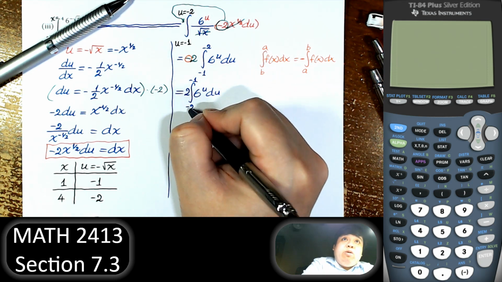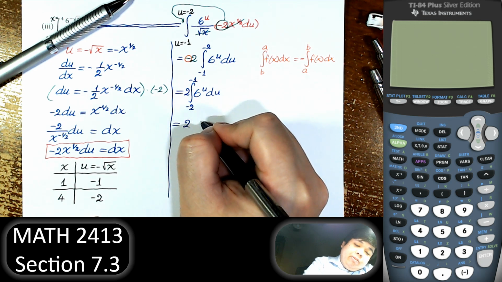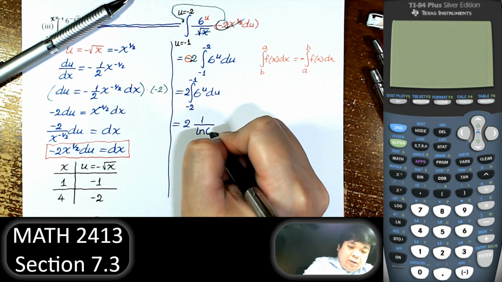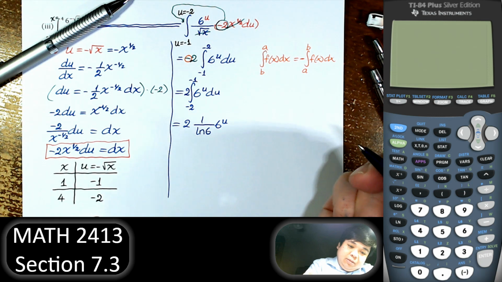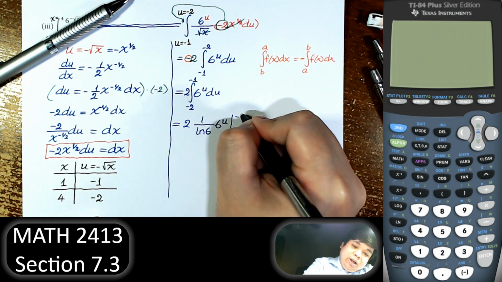Of course, u goes from -2 to -1. And the integral of 6 to the u is 1 over ln of the base, and then the same thing, going from -2 to -1.